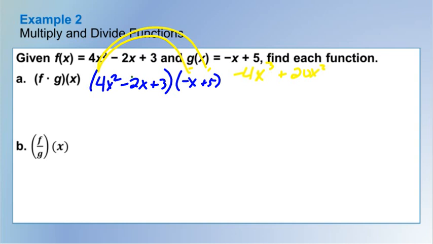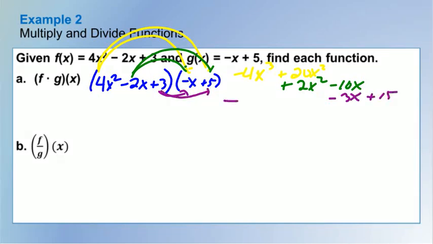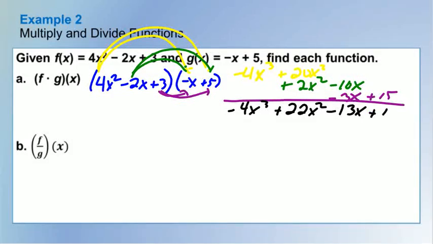Then distribute the negative 2, and that'll give us 2x squared and a minus 10x. And then the last one, distribute a 3, and that gives us a negative 3x and a positive 15. Add straight down, and we get negative 4x cubed plus 22x squared minus 13x plus 15.